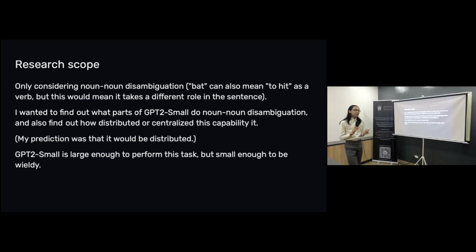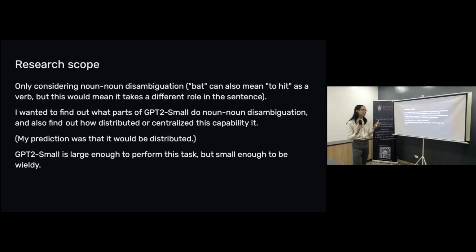I also chose GPT-2-small because I felt that it was large enough to perform that task, because larger models are able to handle more complexity, and this task involves quite a bit of complexity. With smaller models, they only work with say ABC, and you predict the next token, one of the three, that kind of thing. So I need something a little bigger than that.